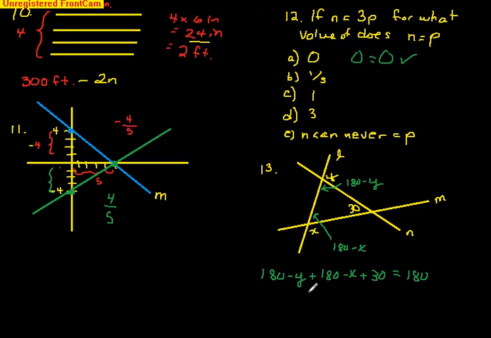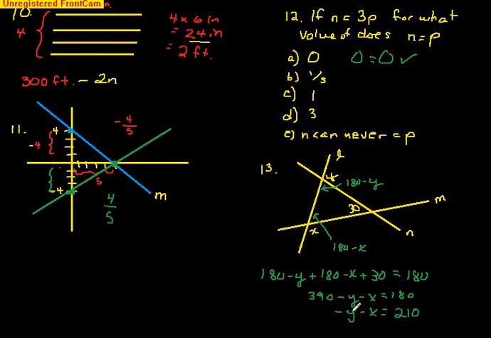If I simplify it, I get 360 plus 30, which is 390, minus y minus x equals 180. I'm going to subtract 390 from both sides, so I get minus y minus x equals 210.